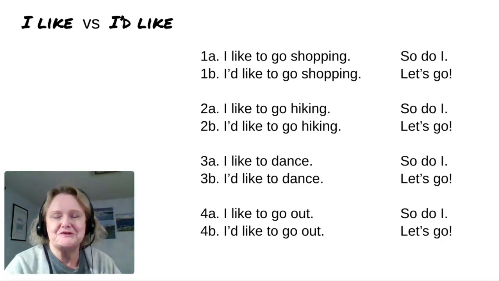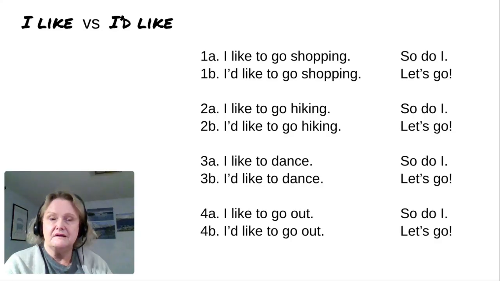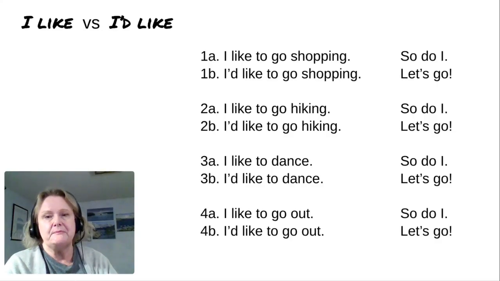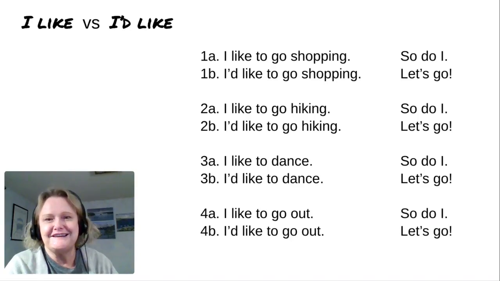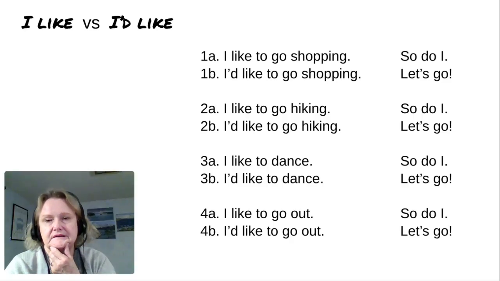I like to go shopping. And if they hear me say, I'd like to go shopping, then they say, let's go. If I say, I like to go shopping, they can answer, so do I, or me too, or something like that. And after a while, they start to choose. I'll tell a student, choose A or B for number one, and then we'll see what we hear.